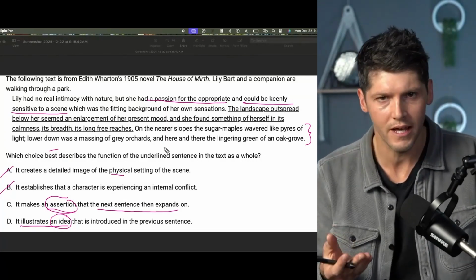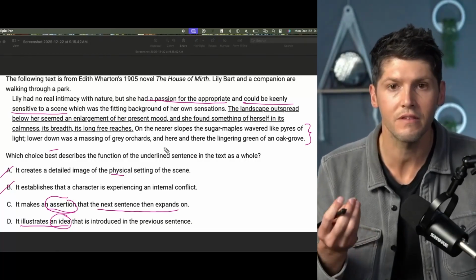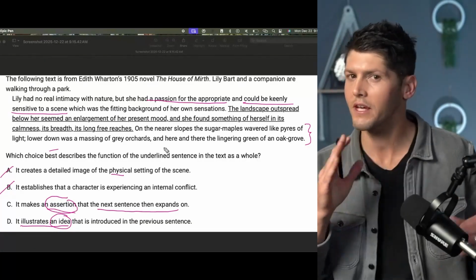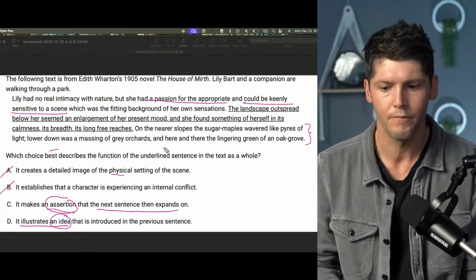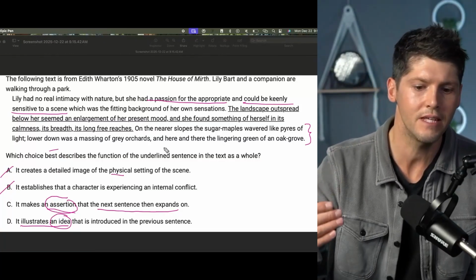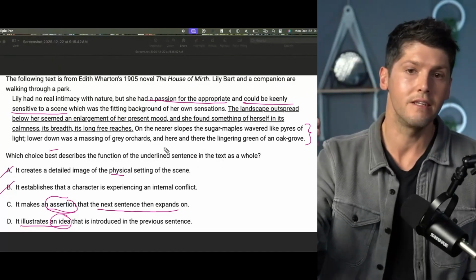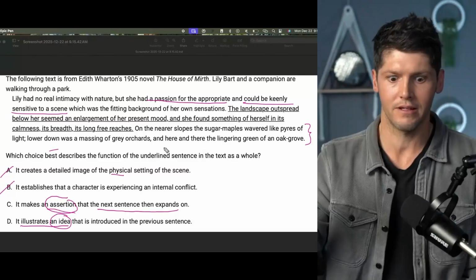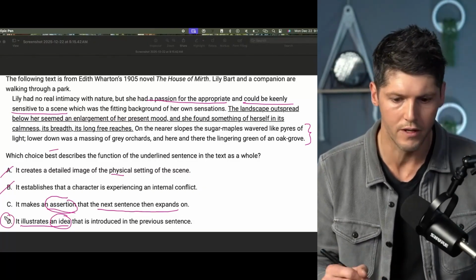Well, that's what we get in this sentence. We get a landscape that seems like her mood. Okay, you don't have to get all the fancy language to see in the first half of the underlined sentence, a landscape seemed an enlargement of her present mood. Okay, so the idea from the previous sentence is now explained. And this is why answer choice D is the right one.